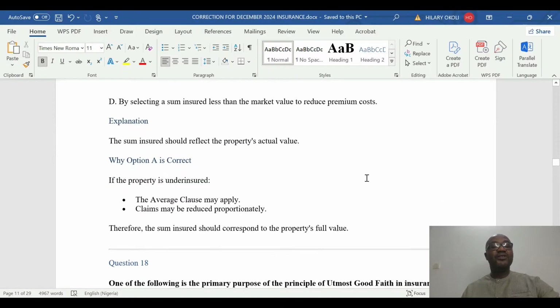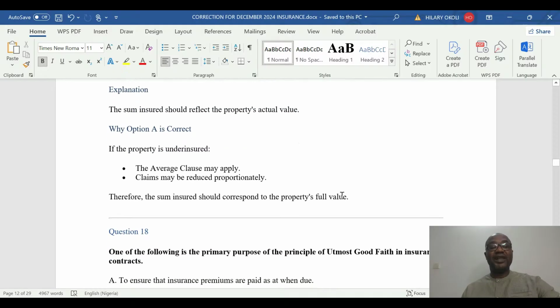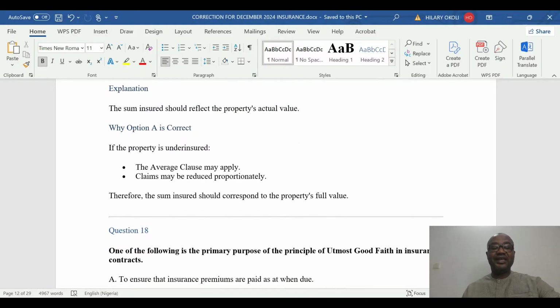To explain further, the sum insured should reflect the property's actual value. If the property is underinsured, like we have discussed before, the average clause may apply and the claim may be reduced proportionately. Therefore, the sum insured should always correspond to the property's full value. So that is the insight we just shared.